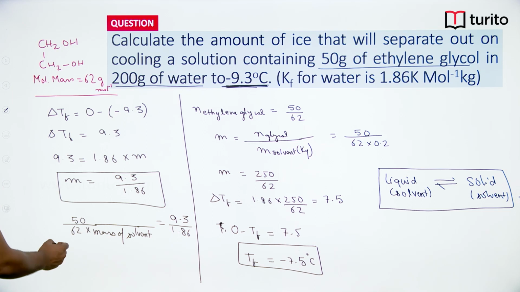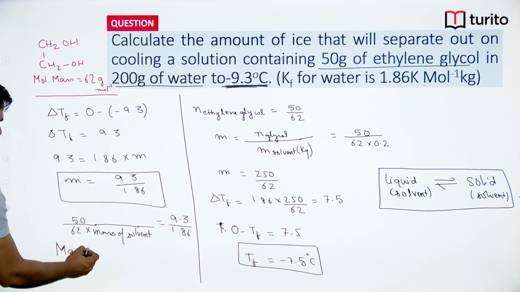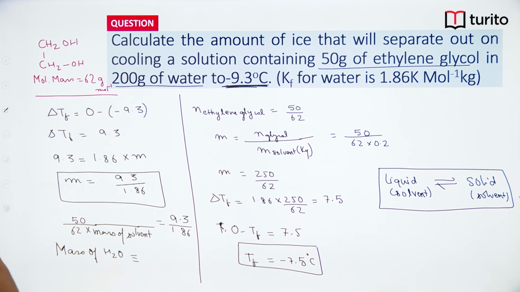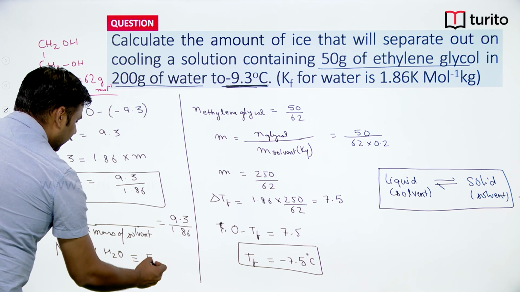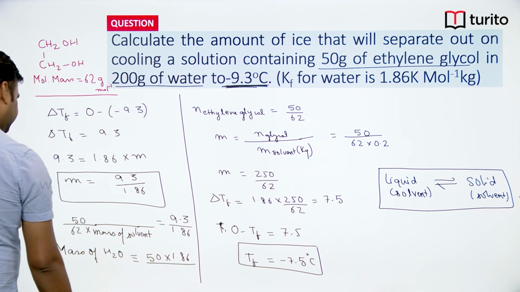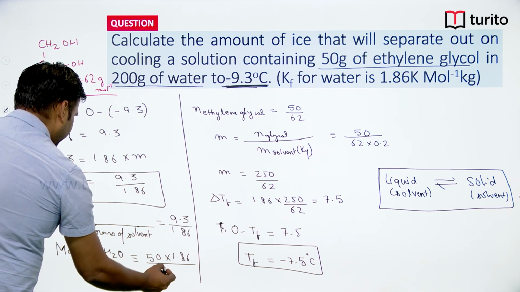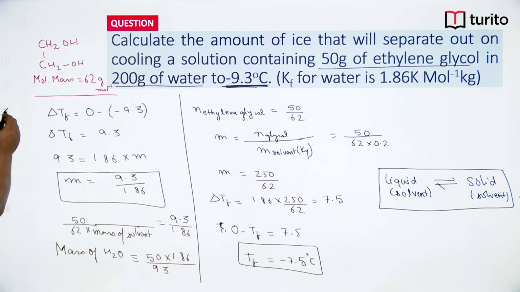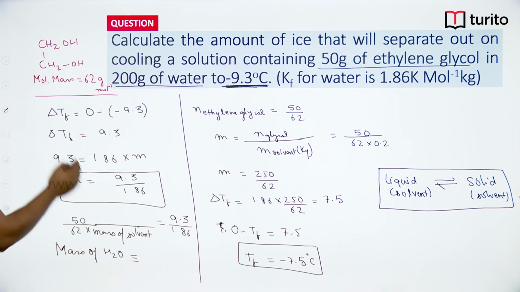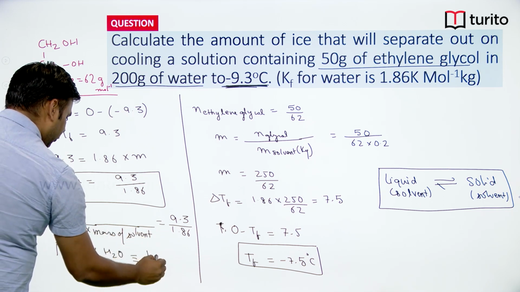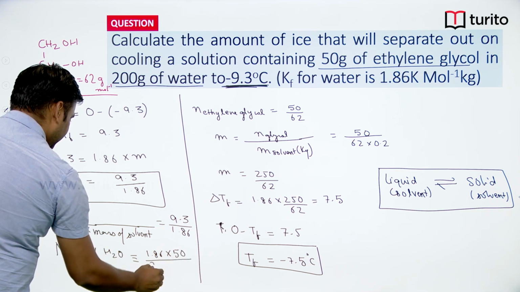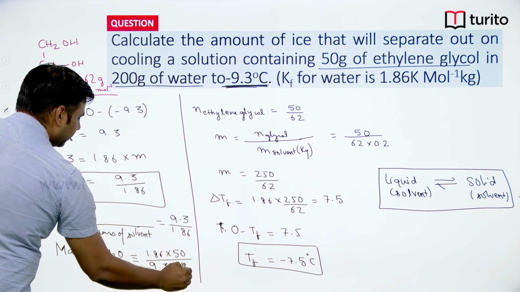So we will calculate the mass of water in the solution at minus 9.3 degrees Celsius. So the mass of solvent would be 1.86 into 50 divided by 9.3 into 62.